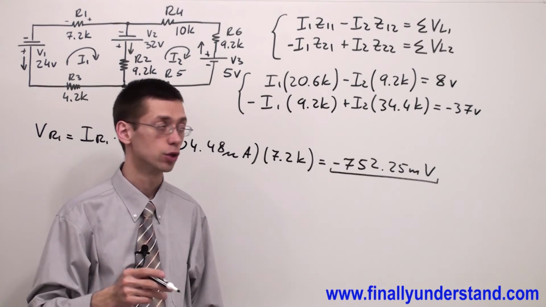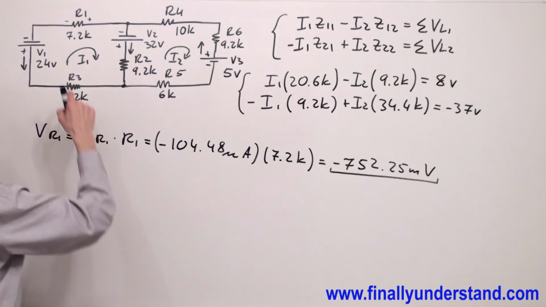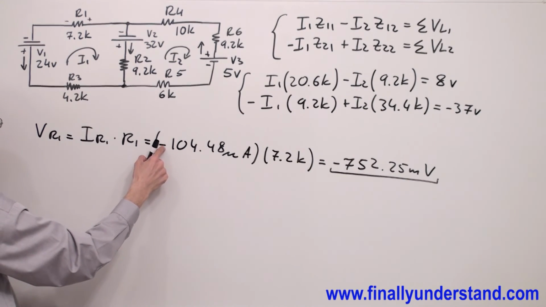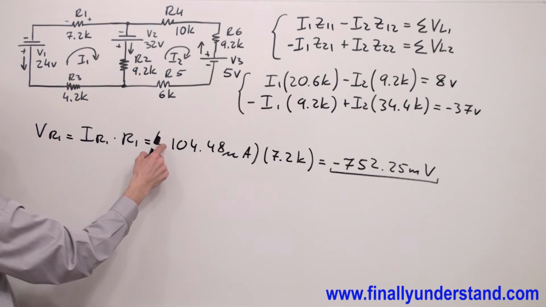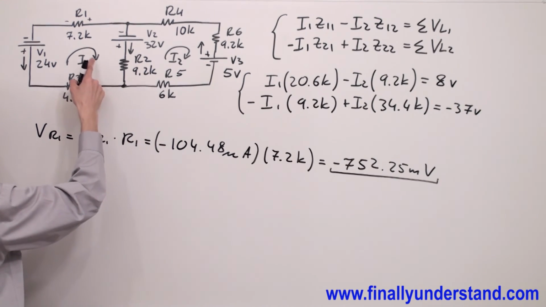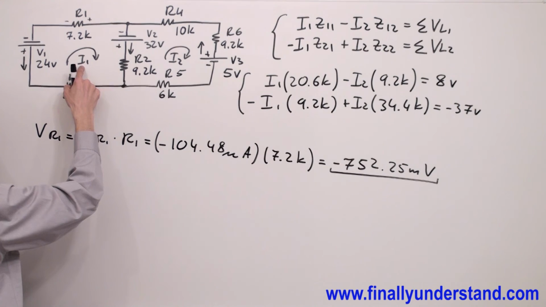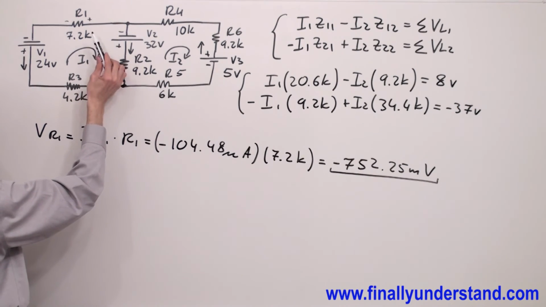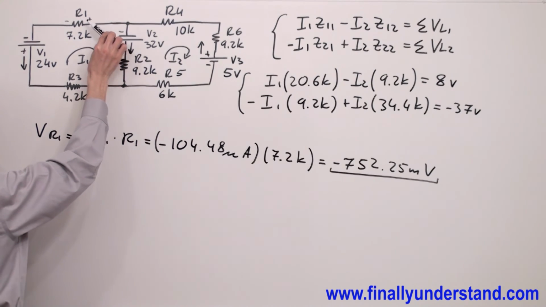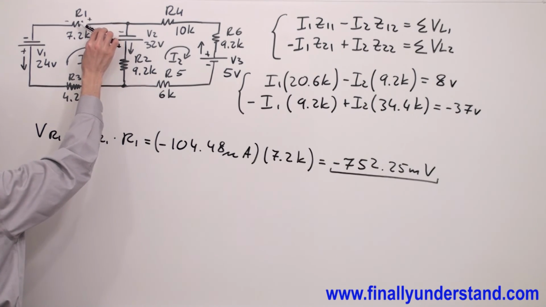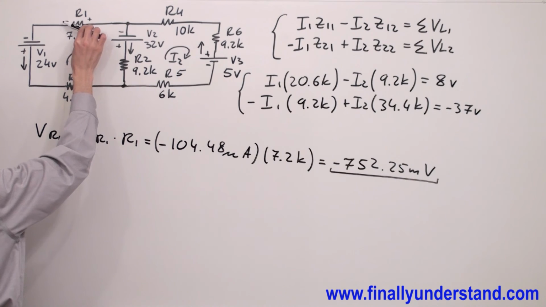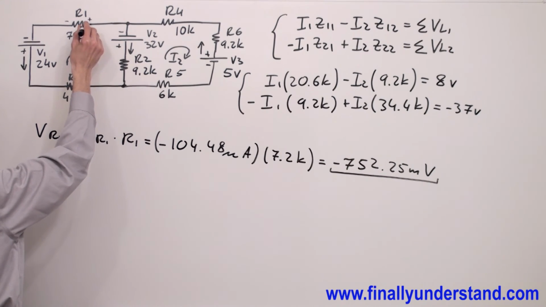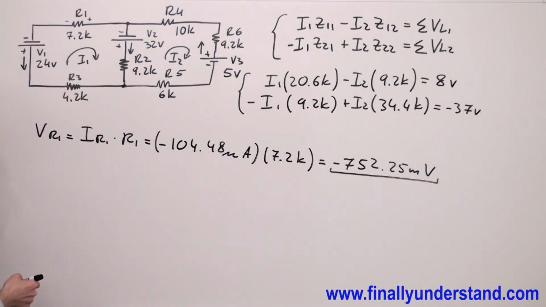Anytime it leaves, you're supposed to write negative. Because this current is negative, it means that the current is going to oppose the loop current which we assume, and the real one is going to enter the resistor from the right side and leave on the left side, right? So this is going to be the positive terminal and this one is going to be negative.